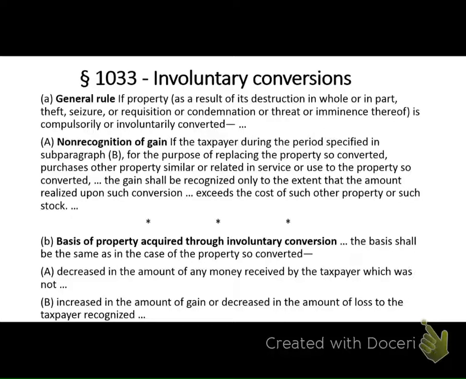All right, so how do we know that we can take this exclusion of gain on the sale of a personal residence? We have a couple of tests that we have to apply. The first is an ownership test. The taxpayer must have owned the residence for a total period of 2 years in the 5-year period prior to the date of sale. Then the use test: the taxpayer must have used the residence as his personal or principal residence for a total period of 2 years in the 5-year period prior to the date of the sale.